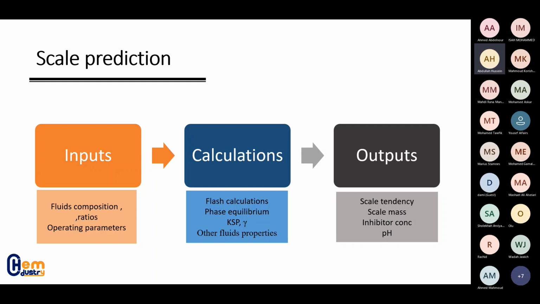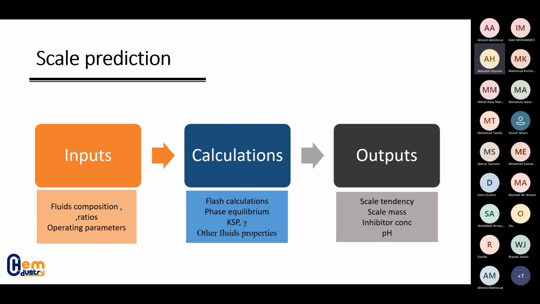Let's say your oil has an API of 12. Let's consider this, and the one in the scale prediction is by default, let's say, 25 or 30. So this big difference between the properties of oil can give you different calculations. So these are the inputs, and then we have the calculations.